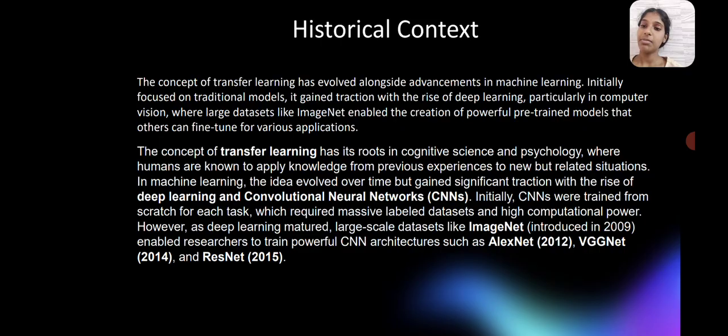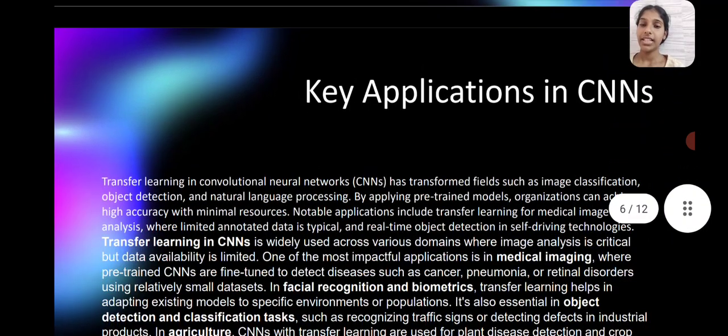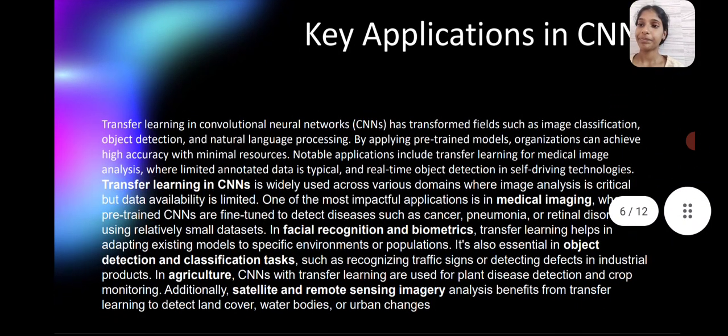However, as deep learning matured, large-scale datasets like ImageNet, introduced in 2009, enabled researchers to train powerful CNN architectures such as AlexNet in 2012, VGGNet, which was introduced in 2014, and ResNet, introduced in 2015.